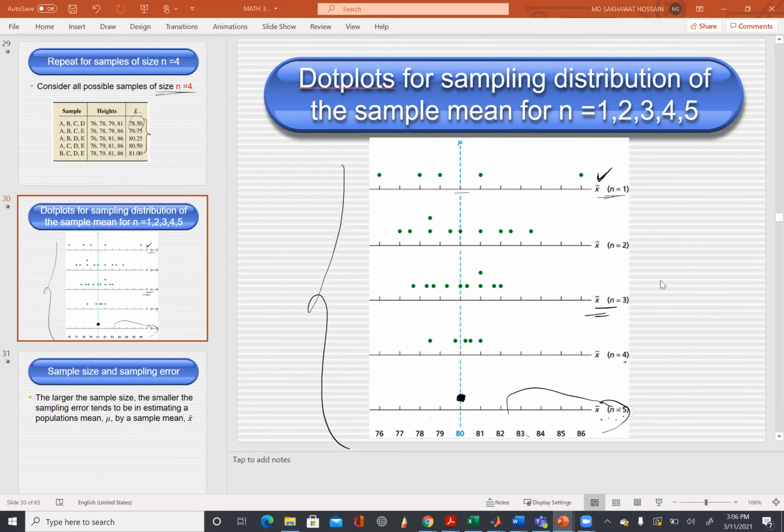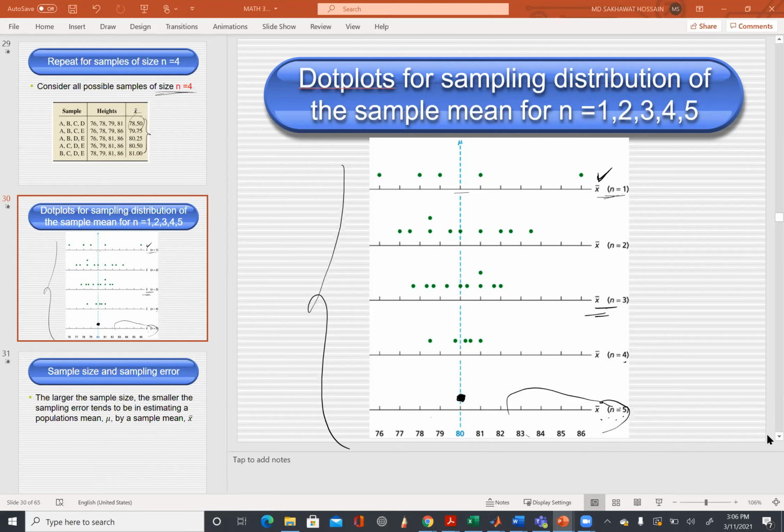smaller, smaller, smaller. That means when you consider a large sample size and calculate the mean, it will be close to the population mean. If your sample size is small, it will be away from the population mean.